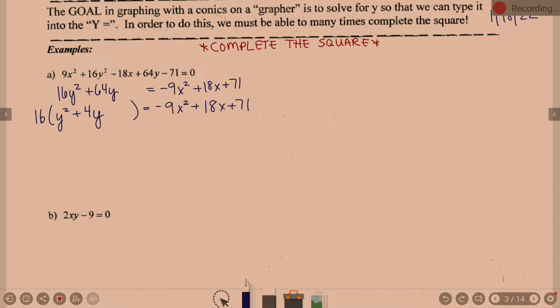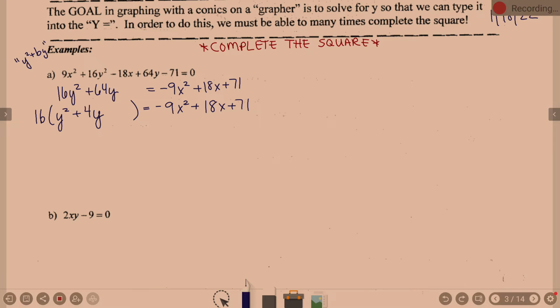Yes? So would we not want to make it 16y outside of the parentheses and then do it? No, you do not want to factor out the GCF of y because then we can't complete the square. We want it in that form of, normally I say x squared plus bx. In this case, we want it in the form of y squared plus by. You guys are still a little trained to factoring.